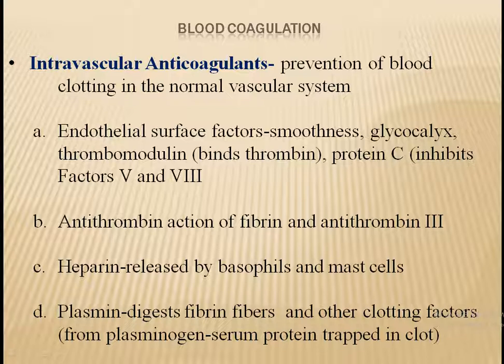So clotting must take place at the injured site, not in the whole of the body. How does this mechanism work so that clotting takes place only at the site of injury, and the other healthy sites are protected?